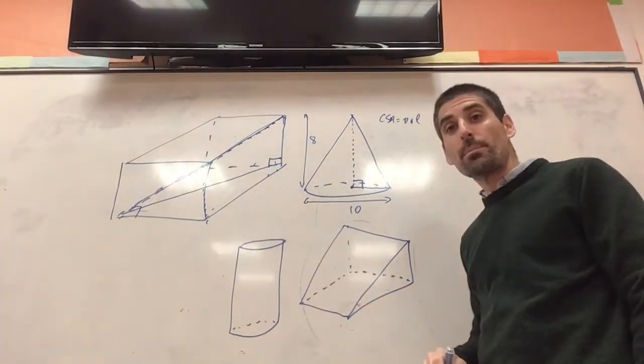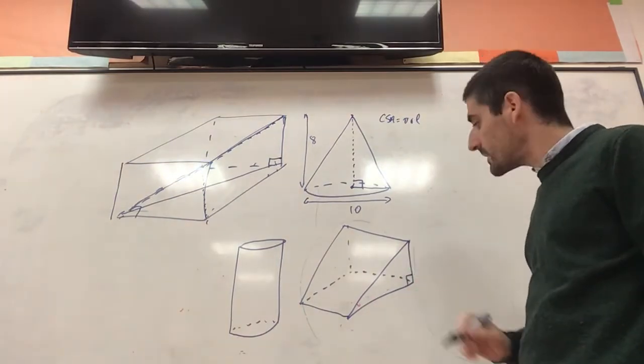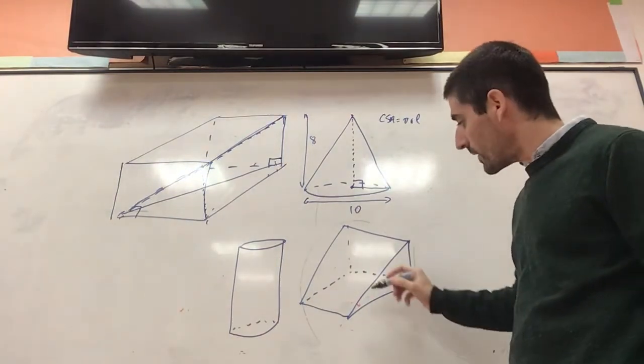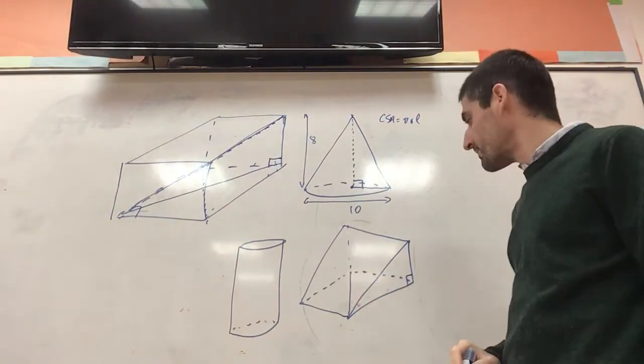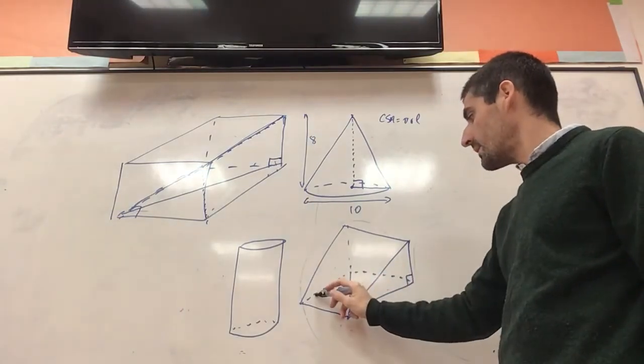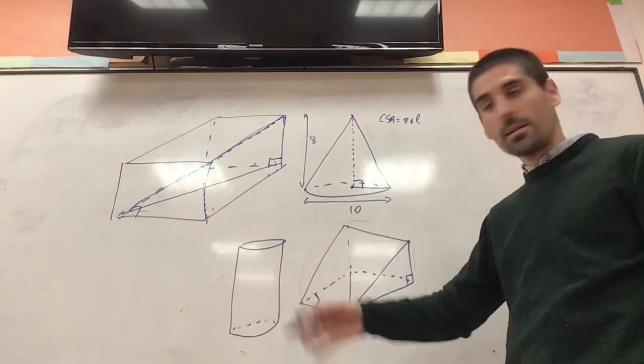In this triangular prism here, again, we have a right angle triangle there on the side. We also have one diagonally. So we have one here on the floor. That's 90 degrees, and we can find the diagonal along the floor.